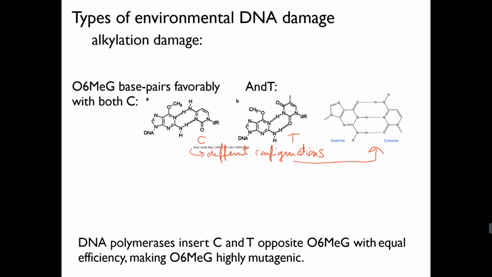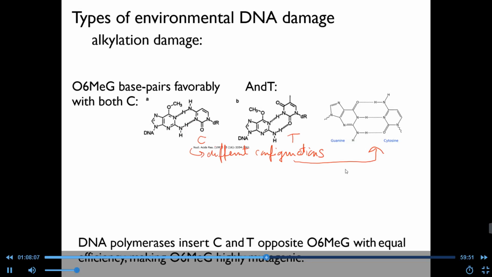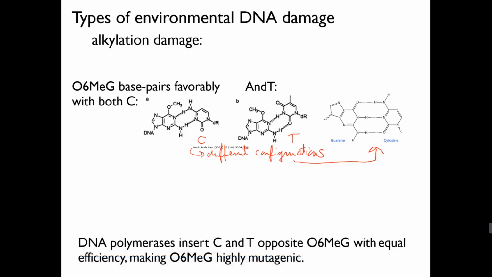Because we've changed the base pairing capacity, normally there is discrimination for correct GC base pairs, and now that discrimination is lost such that the G can pair with C some of the time, but you can also have the G pair with T some of the time, and that's perfectly acceptable. And now you can appreciate how this alteration of base pairing through this damage event could subsequently lead to mutagenesis.